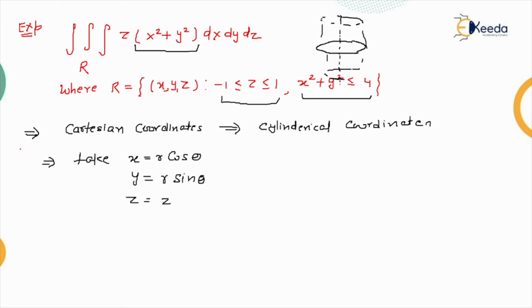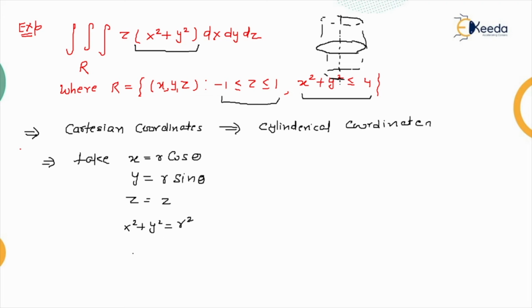From this relation we know the value of r square, because by adding these two terms, x square plus y square must be equal to r square. And one more thing is given to you, x square plus y square is equal to 4, given in the region.